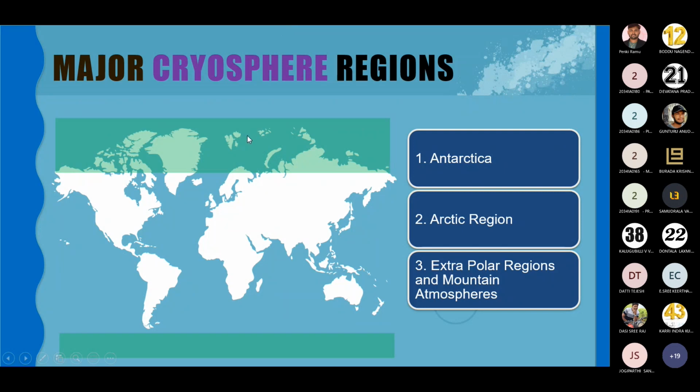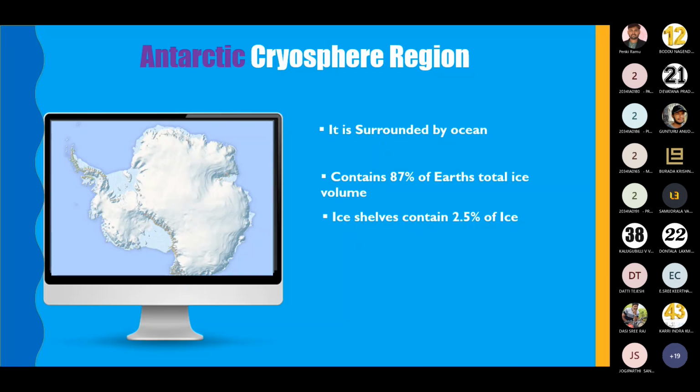So these bands that are present in the upper and lower regions, they are Antarctica and Arctic regions. If snow or ice related components are present anywhere other than this Arctic and Antarctic, they fall under extrapolar regions or mountain regions.